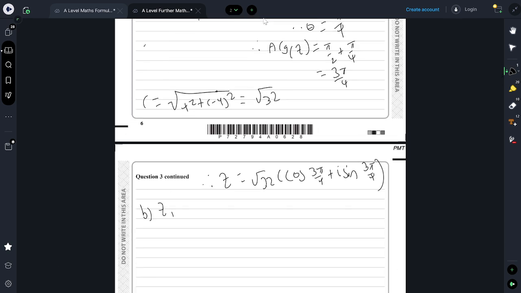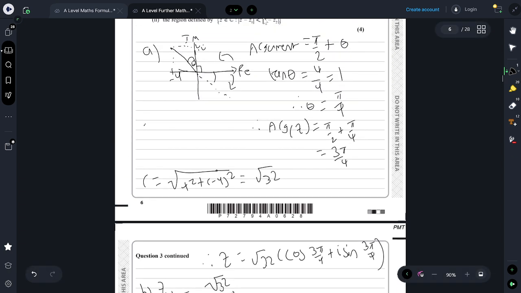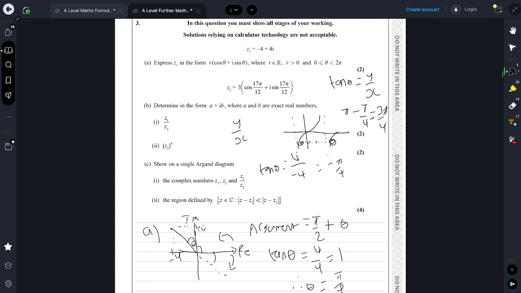Well, you should know that when you divide two complex numbers in this sort of form, with a length or the modulus with the angle, you divide the moduli, so the r's. So root 32 is the length of z1, and the length of z2 is 3.